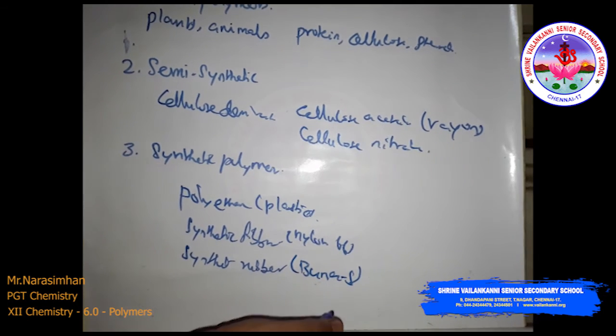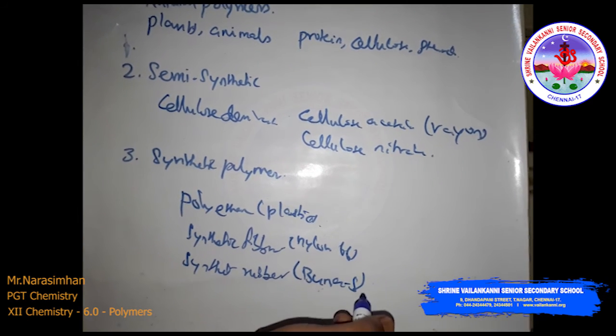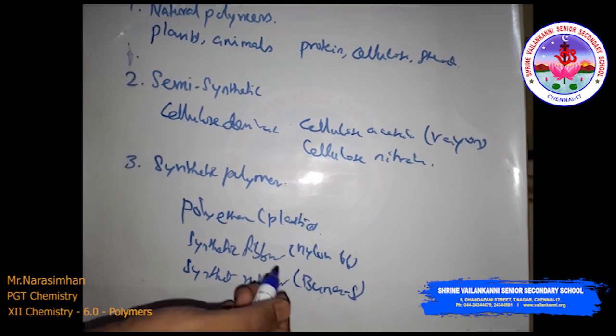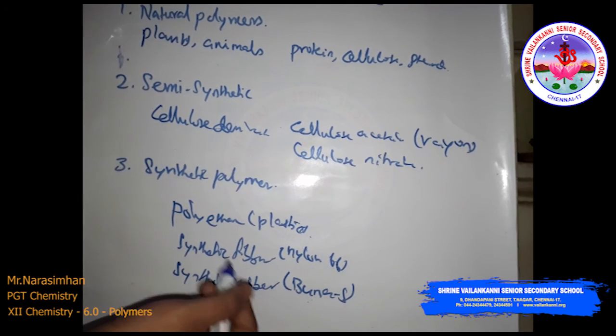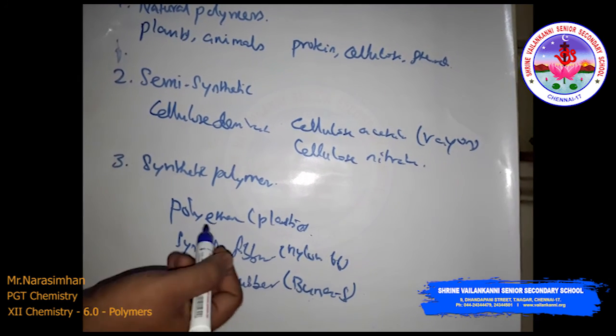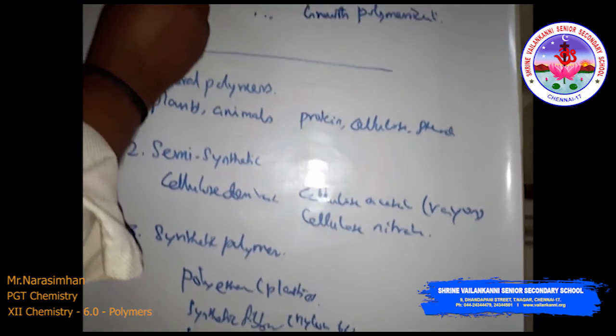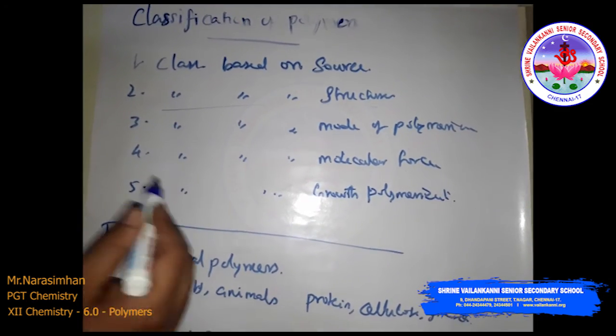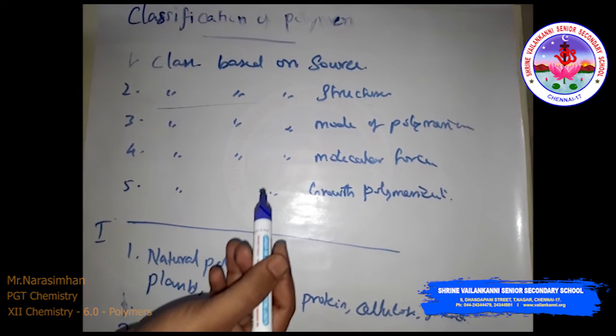We will discuss this later. These synthetic polymers are what we use in day-to-day life. Okay, students. This is the classification based on source. Next is the classification based on structure.